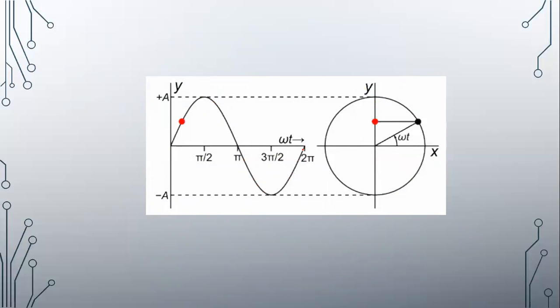You can note that at this position there is 0 degree phase, then at this position there is 90 degrees, 180, 270, and then 360 degrees. So with this 360 degree angle, this phase changes. The location of the point also changes with respect to time.